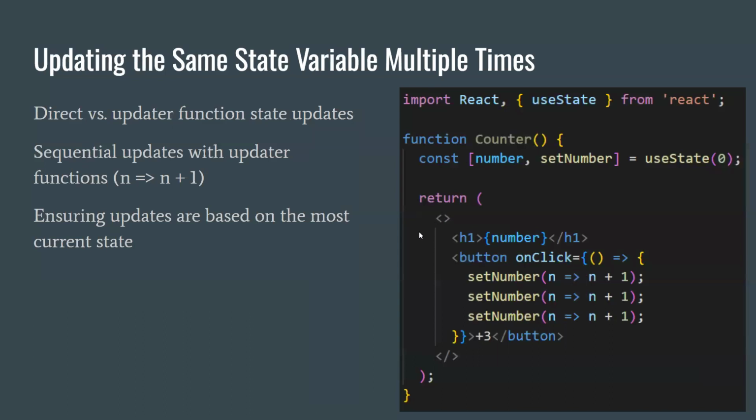Instead, we can use updater functions like setNumber, and you'll see that instead of providing n + 1, we're using updater functions that look like this. By doing it this way, each update is based on the most current state, allowing for accurate sequential updates.